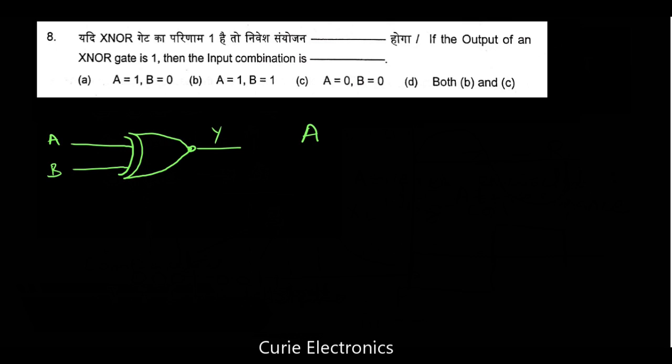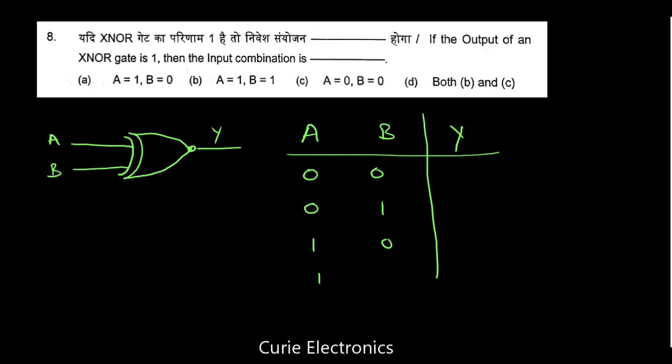Now all of you know the XNOR gate truth table. 0 0, 0 1, 1 0, 1 1. In an XNOR gate, whenever the inputs are the same, we will get output as 1. So we will get 1 0 0 1.